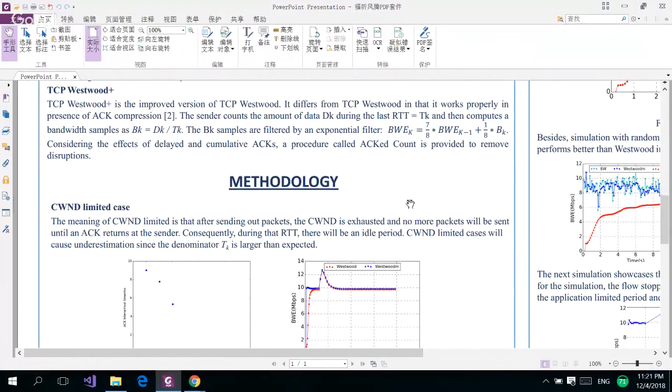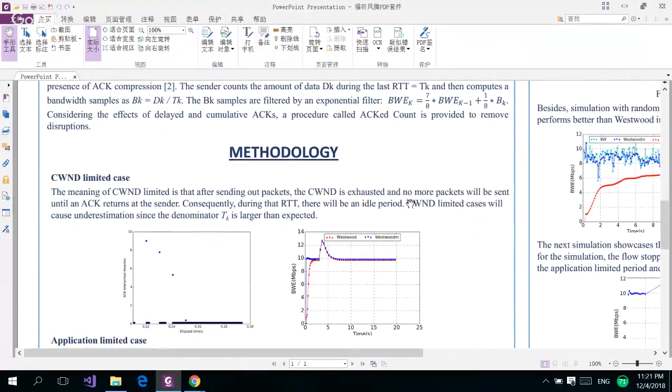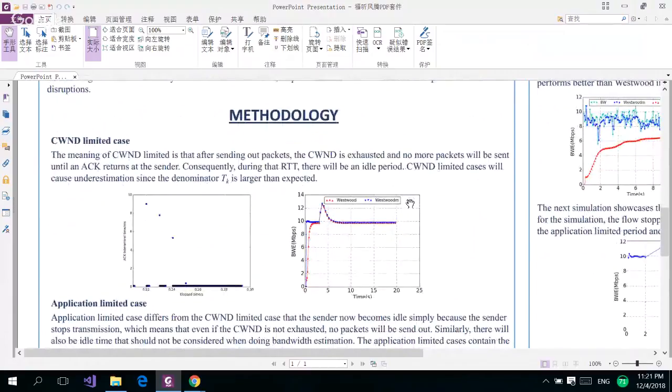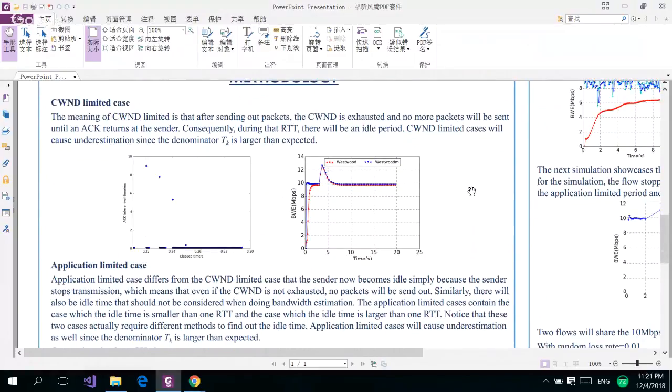Considering the effects of delayed and cumulative ACKs, a procedure called ACK count is provided to remove disruptions. The meaning of cwnd limited is that after sending out packets, the congestion window is exhausted and no more packets will be sent until an ACK returns at the sender. Consequently, during that RTT, there will be an idle period. The cwnd limit case will cause underestimation since the denominator tk is larger than expected.